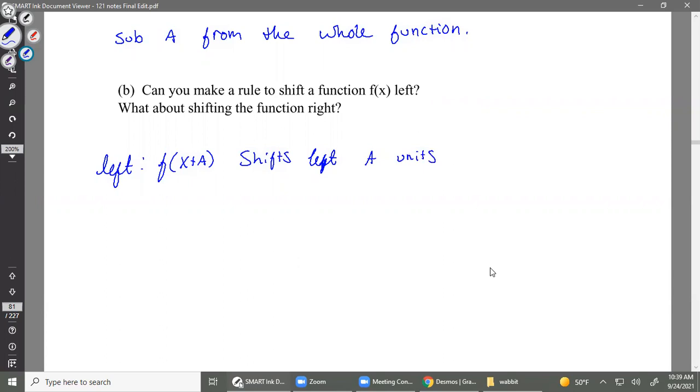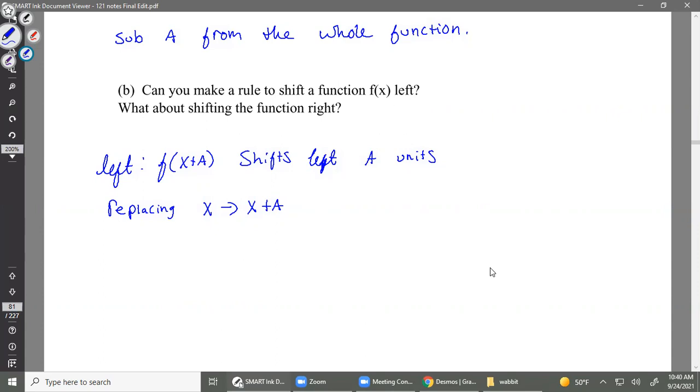But the way I will probably say it for the rest of the class, because to me it intuitively makes more sense and helps me remember what I'm actually doing, is I'm replacing x with x plus a. Every single x value that's in the function, you take it and replace it with x plus a.